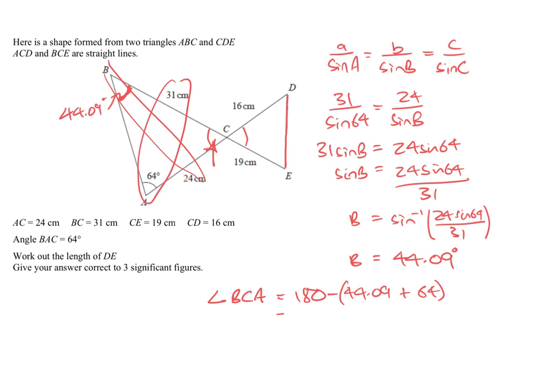Take away those two angles, and then I'm going to end up with 71.90, and there's a few other things after that, degrees. So that is my angle here, 71.9, which is also my angle here. And now I'm going to use that to work out my length of DE.